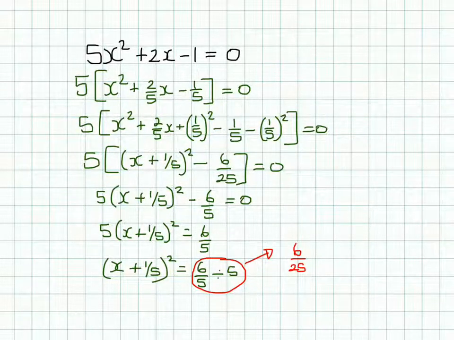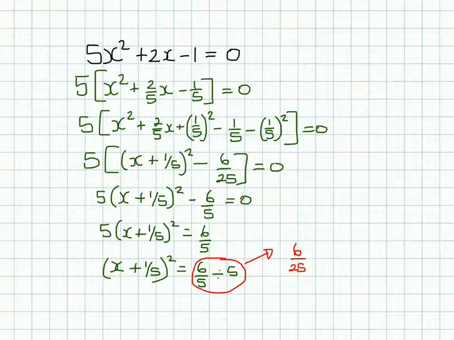Okay, now my next job is to get rid of this square up here. And because this is a quadratic, we have to consider the fact that we will get two answers for this. Okay, we need to get two answers for x. So my next job now is to make sure that I square root the other side to get rid of that square.